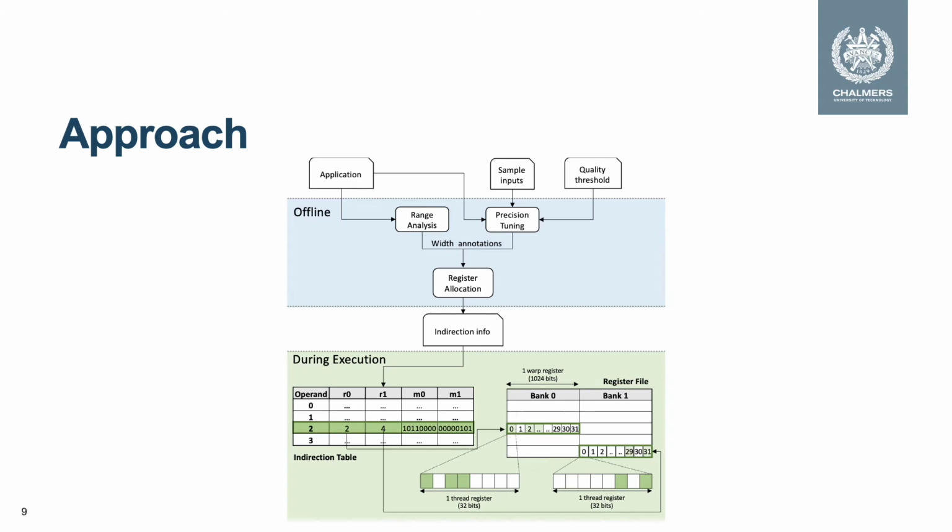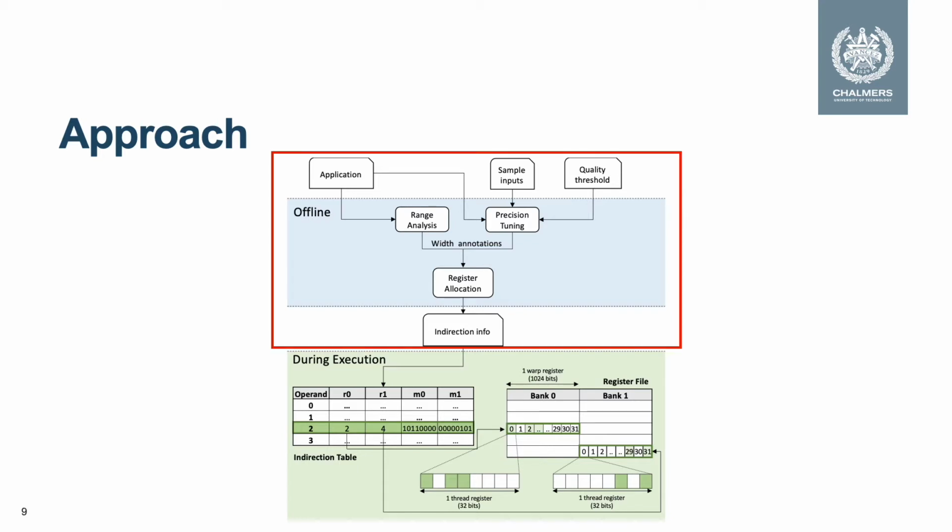This is an overview of our framework, where the blue part is carried out offline and the green part is carried out during execution. Let's first look at the offline part, where the input is the application code, a number of sample inputs, and a quality threshold. First, a range analysis is carried out to determine the bit width needed for each integer.